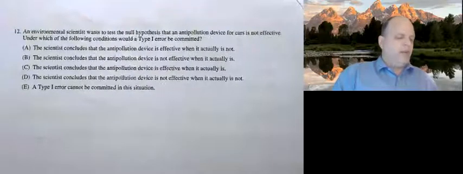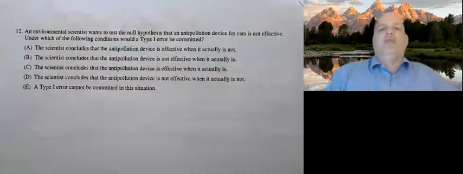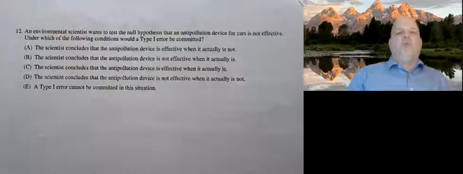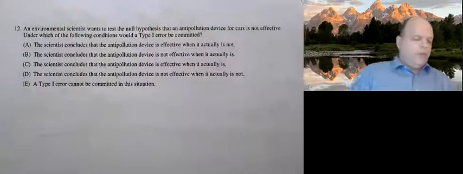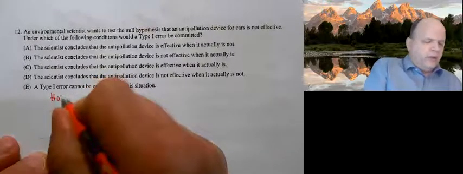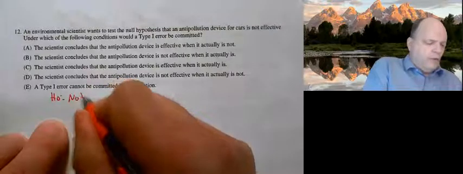An environmental scientist wants to test the null hypothesis that an anti-pollution device is not effective. Under which of the following would a type 1 error be committed? So first off, what was our null hypothesis? Not effective.